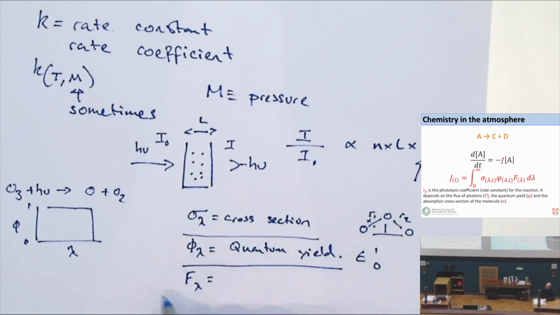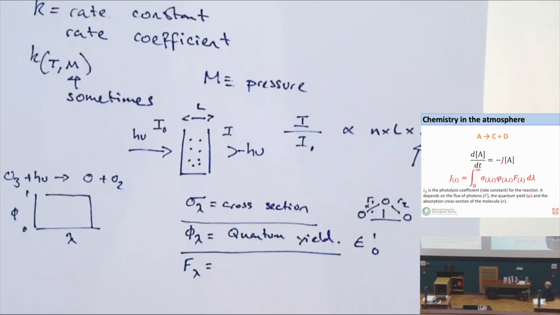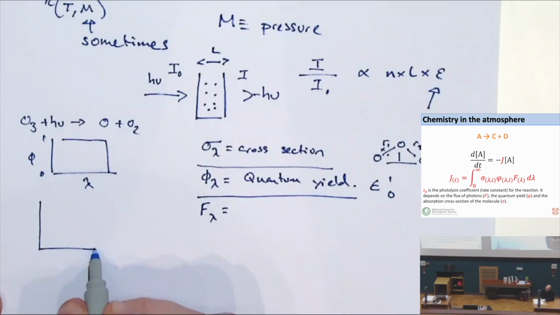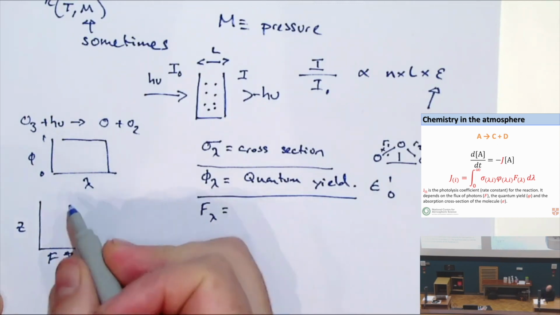So this depends on our source of radiation. But for atmospheric chemistry, the source of radiation is the sun. And what we need to think about is how the flux of photons changes as we traverse through the atmosphere. So if we think about what a graph of that might look like, altitude versus wavelength, altitude versus flux.